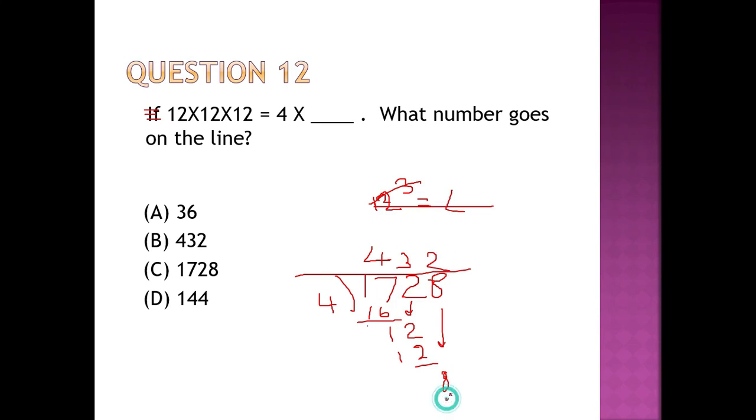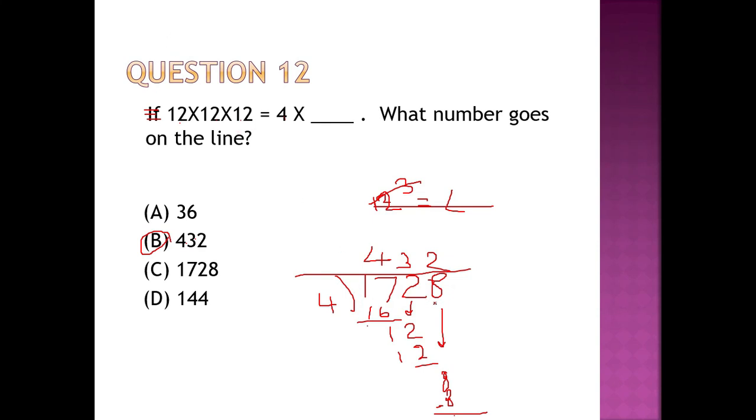Alright, and we know how it goes. There's no remainder. So the answer, 1728 divided by 4, is 432. So this is our answer, guys. 12 times 12 times 12 is equal to 4 times 432, because 4 times 432 gives us back the answer, which is 1728.